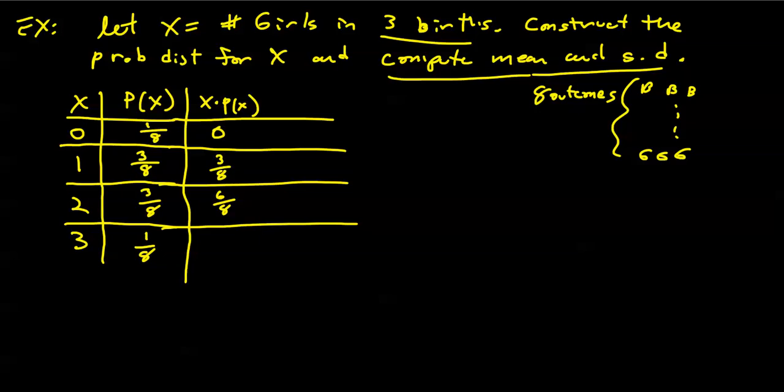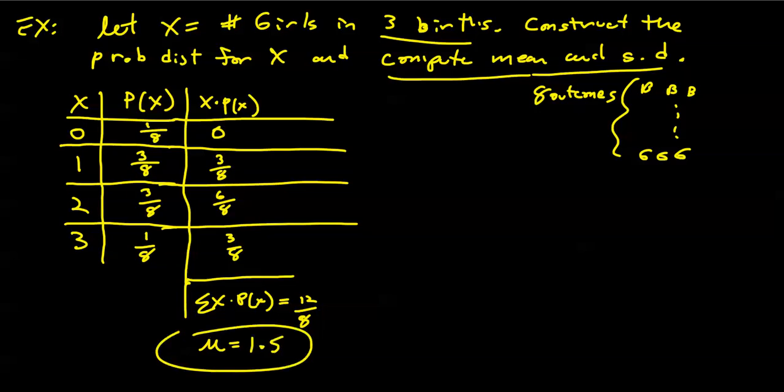And 3 times 1/8 is 3/8. If I add up this column, let's see, 3/8, 6, 7, 8, 9, 10, 11, 12, it's 12/8. So mu is the summation of x times p of x, and 12/8 of course reduces to 1.5. So the mean for this probability distribution is 1.5.